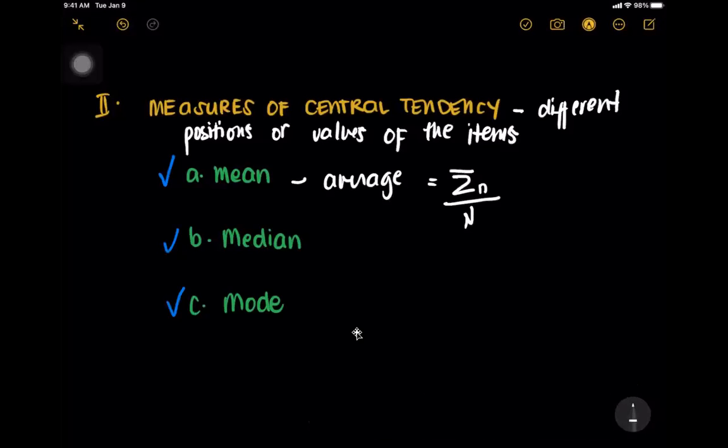I don't want to put a statistical formula for that, but when you do your average, you just add all of the scores and then divide by how many scores there are. So that is your mean. Your median, on the other hand, is the score in the middle of a set of items, the middle of a data set.